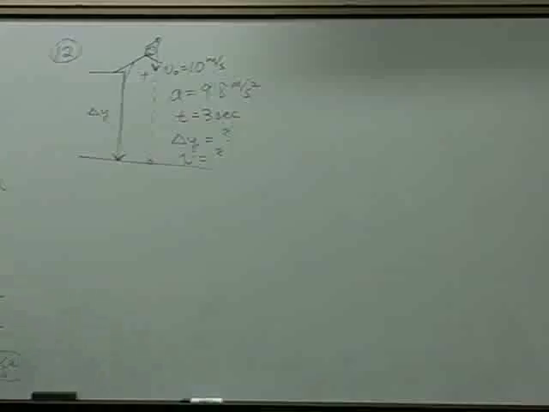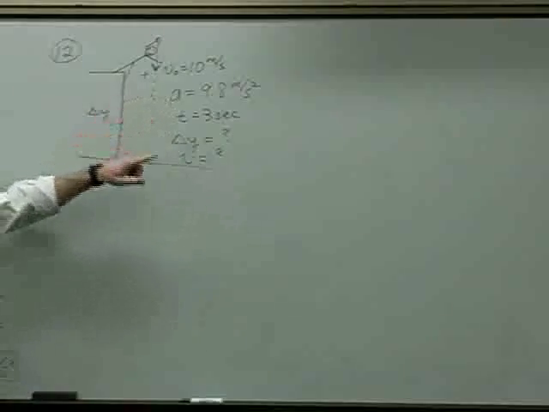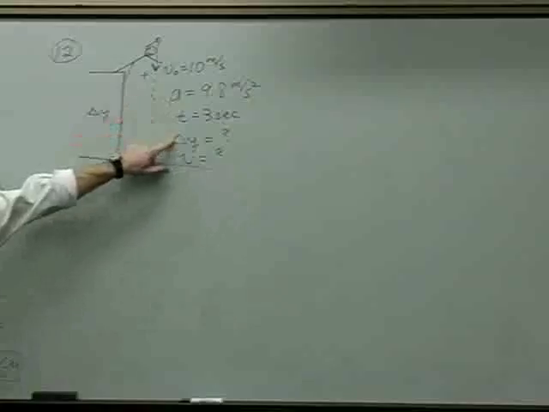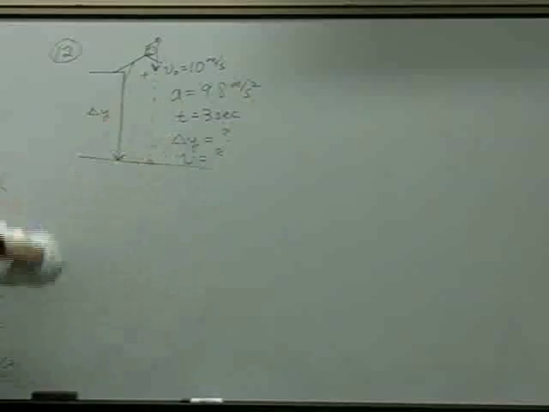If you do figure out delta y, then you can use the 4th equation. I don't need the final velocity to solve this, correct. I already got 3 things, so I can use the 4th equation to figure out delta y. So I don't need to know that the final velocity is 0.